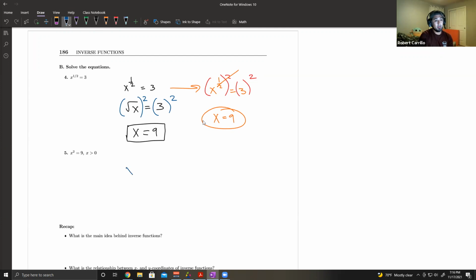Number 5 has x squared equal to 9, and it's telling us that whatever answer we get has to be greater than 0. So in order to solve x squared equals 9, what would we do to both sides?